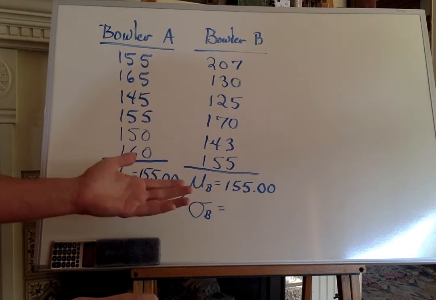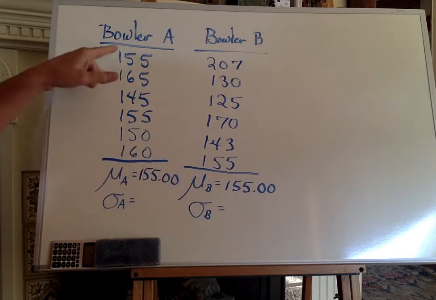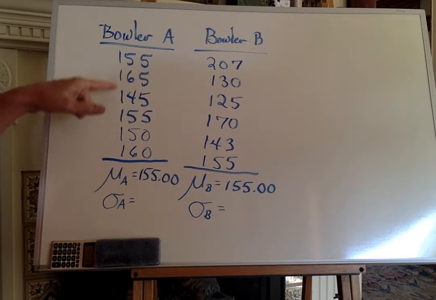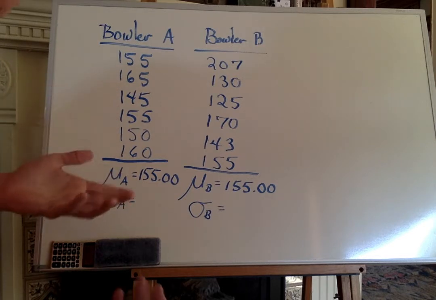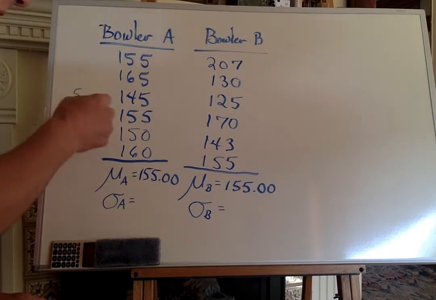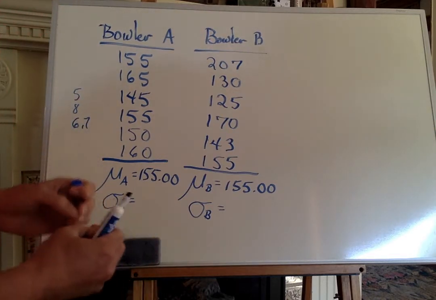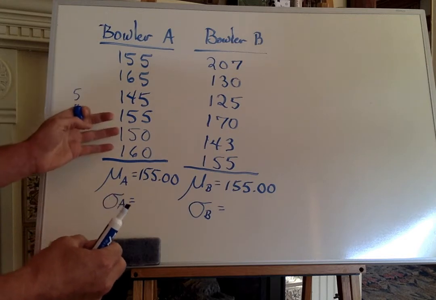And I mean, we could take a guess, right? So I look at 155, I'm looking at these scores. What would you say? On average, how much are they deviating? Maybe 5, right? Maybe 8 points, something like that. Maybe 6.7 points. I don't know, something like that might be the standard deviation here.